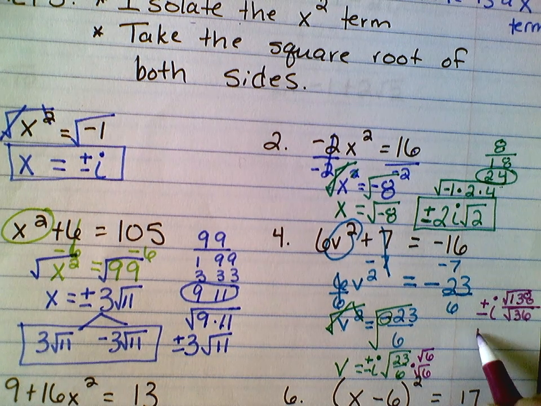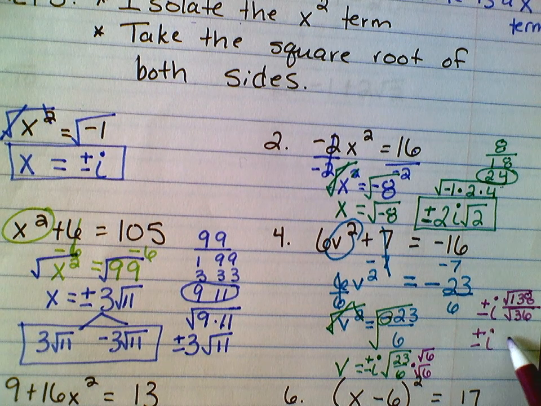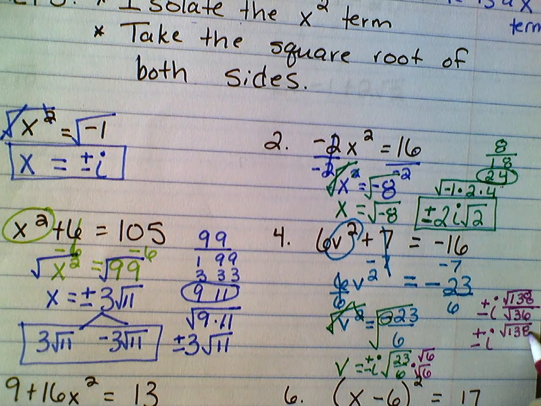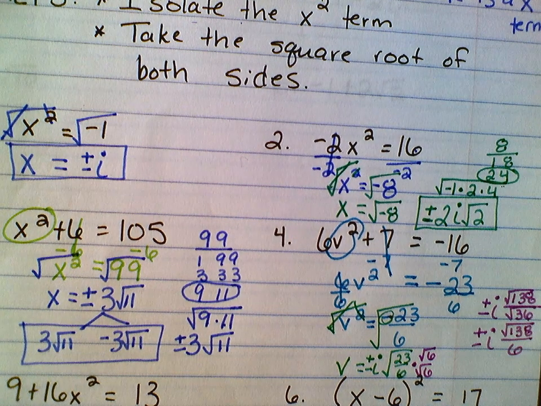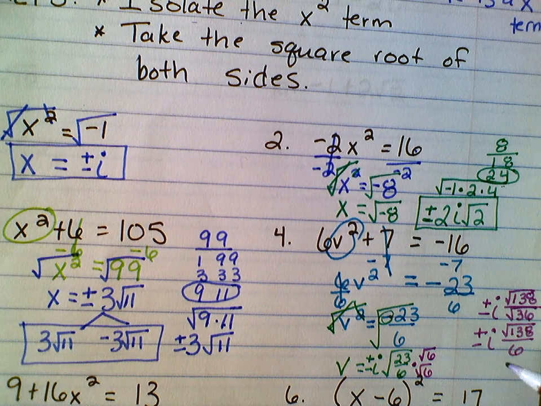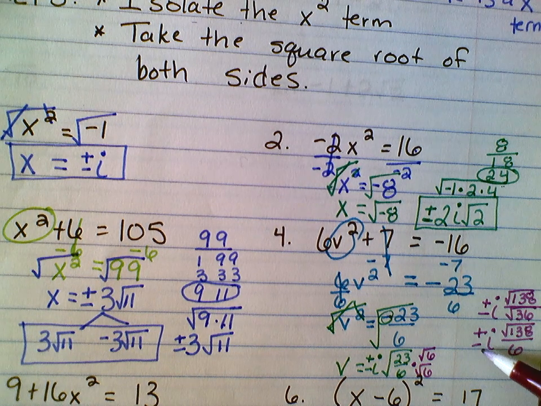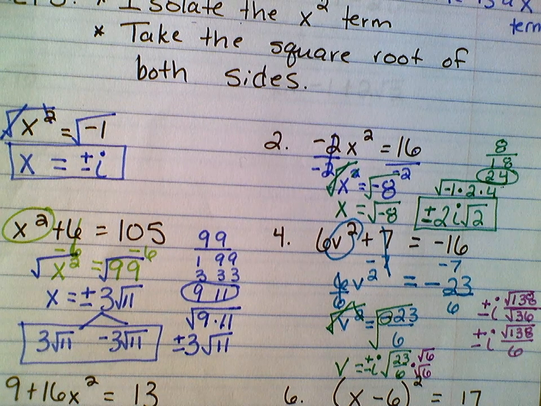And the square root of 36 is 6. So the solution to number 4 is the positive i times the square root of 138 divided by 6, and then negative i times the square root of 138 divided by 6.